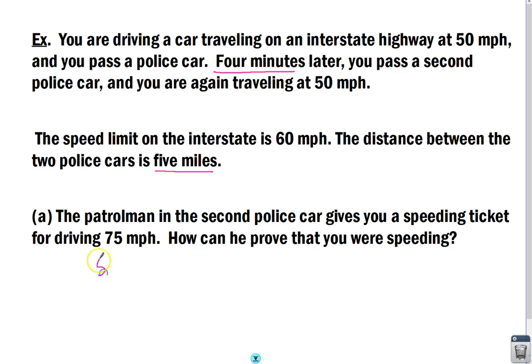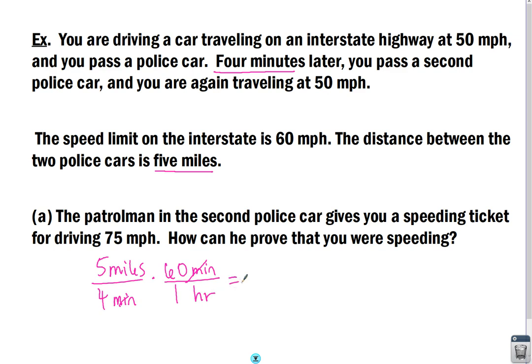Okay, so 5 miles in 4 minutes. I need to compare this to miles per hour, so I'm going to go ahead and multiply this by 60 minutes and 1 hour. So that way I'm going to end up with miles per hour.